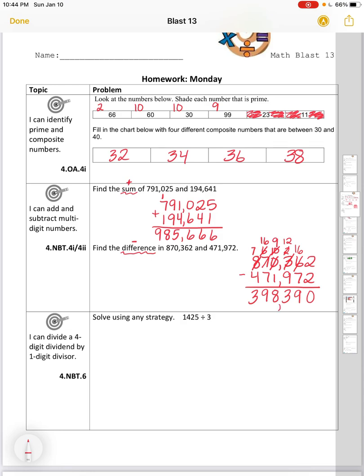So the difference, the answer to the subtraction problem here is 398,390.